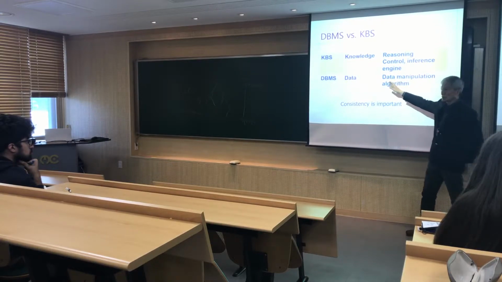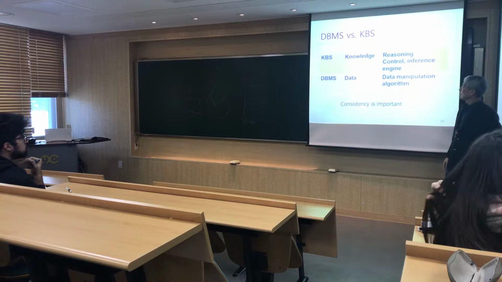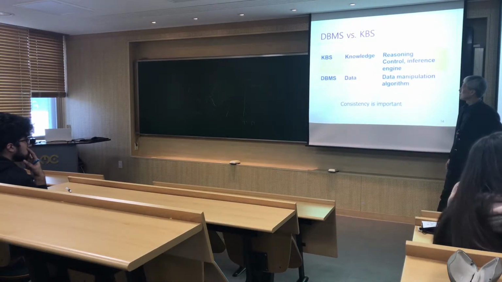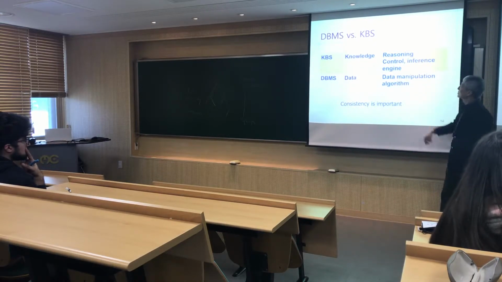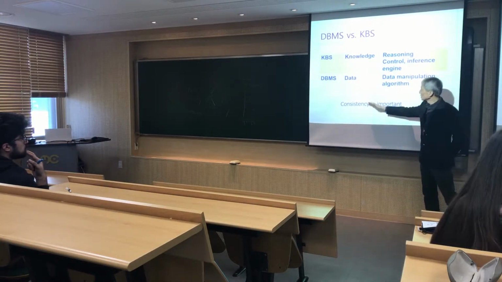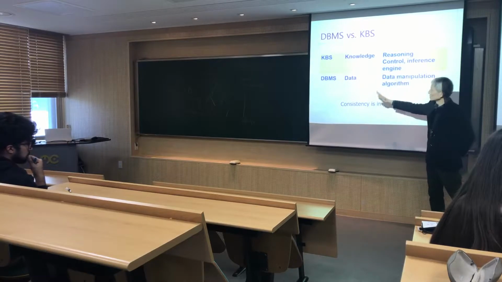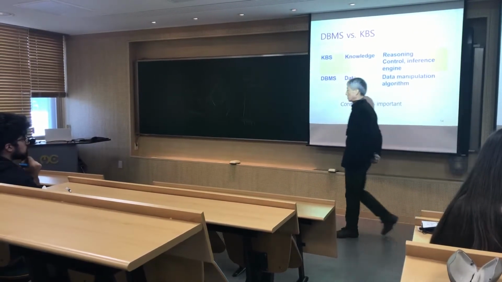Big data is very similar to database management. You need to have some more AI to handle big data. Right? That is coming similar to here. Right? Reasoning, controlling, and inference engines. Anyway, in database management system or knowledge-based management system, consistency and duplication is an important topic.